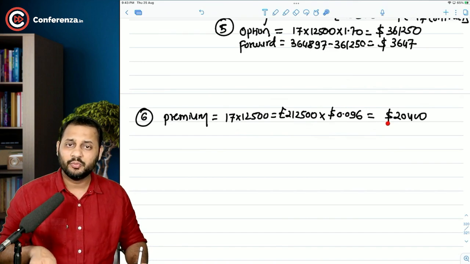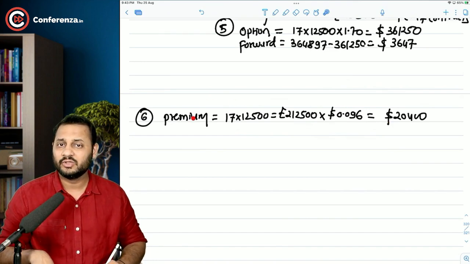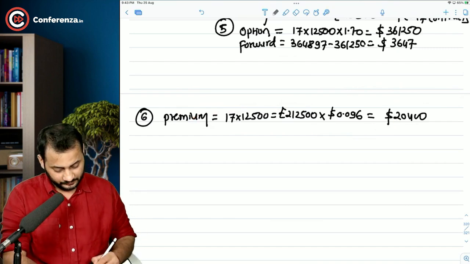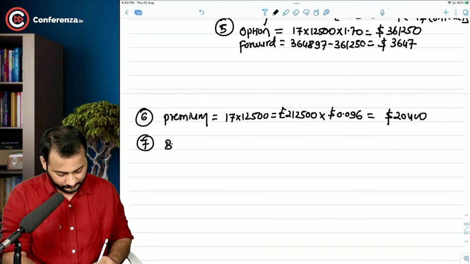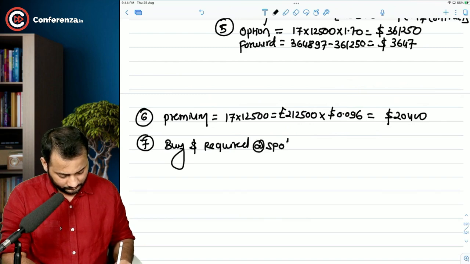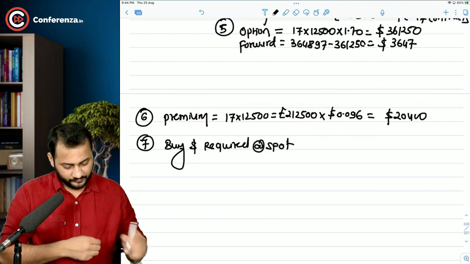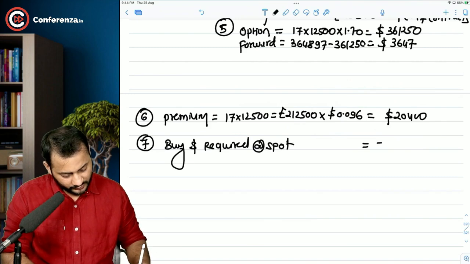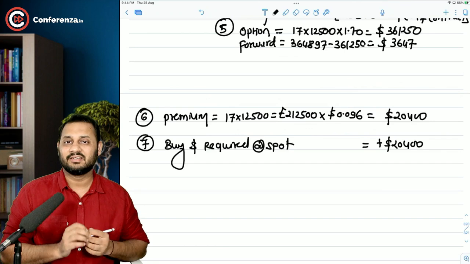How are you going to make the dollar premium payment to the exchange? First, you will have to buy this dollar at spot. Okay, so what will you do? You will buy the dollar. But dollar is not the base currency, sir.